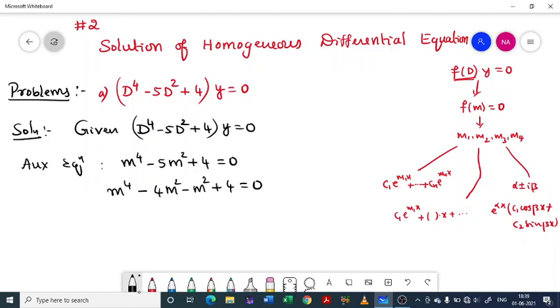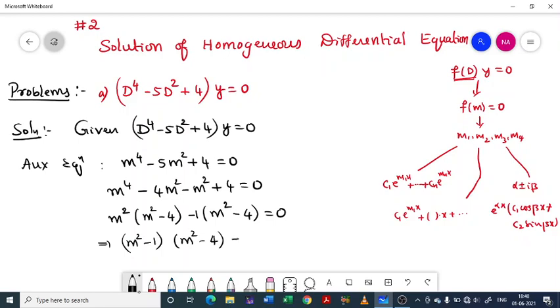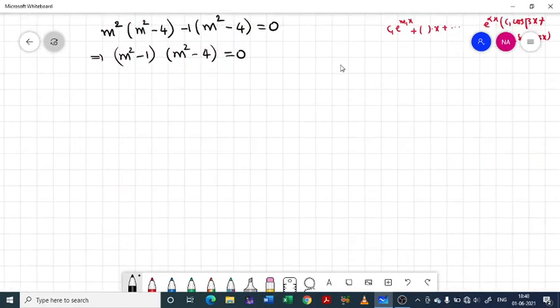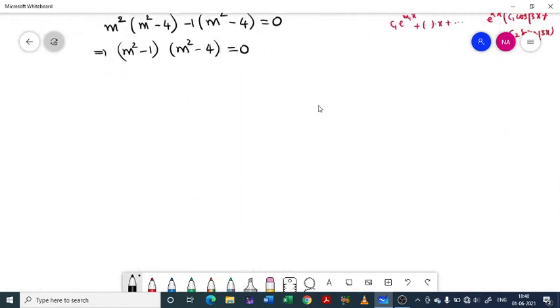So it is factorizable, no problem. Taking m square outside, we are left with m square minus 4. Here taking minus 1 outside, again we are left with m square minus 4. So this is m square minus 1 into m square minus 4 equal to 0. AB equal to 0 implies A equal to 0 or B equal to 0.